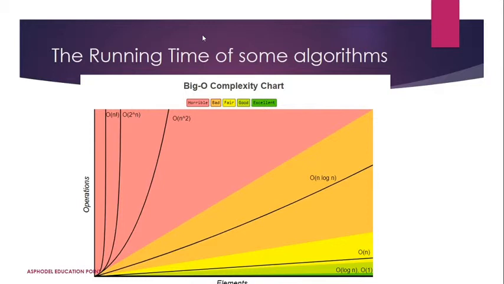And sometimes it is a square of the input size. In that case it is order of n square, or it is exponential or factorial or polynomial time, like order of 2 to the power n, where n can be anything, right? Or order of n to the power z, which will be polynomial time. So it varies from algorithm to algorithm.